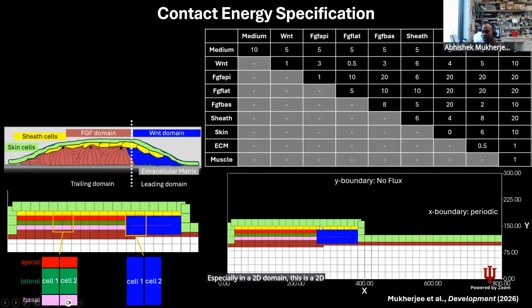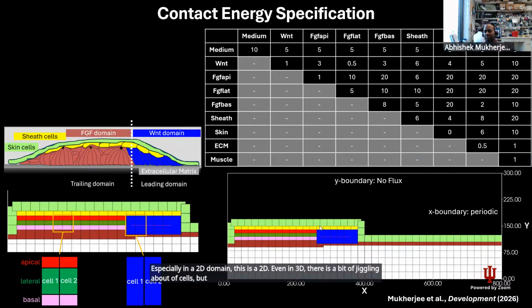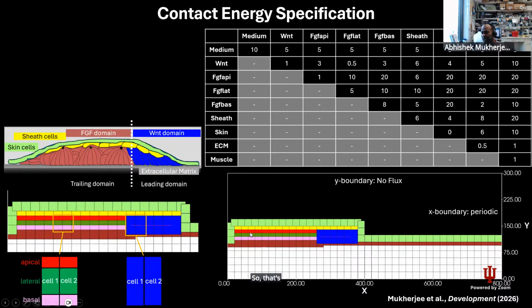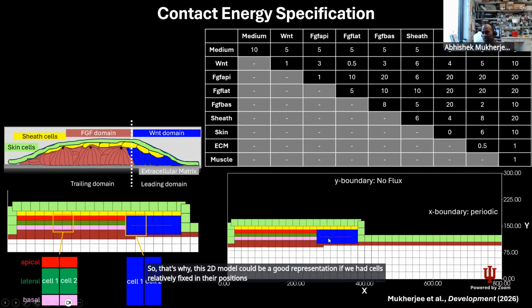Even in 3D, there is a bit of jiggling about of cells, but it's not very drastic, where cells exchange neighbors very frequently. So that's why this 2D model could be a good representation if we had cells relatively fixed in their positions with respect to each other.